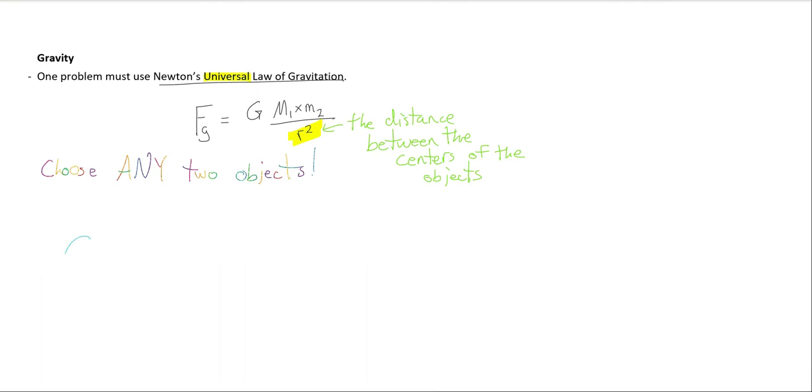So this means if you make a problem about the Earth, perhaps, and that there is a satellite floating above it, a value such as the altitude, how far the satellite is above the surface of the Earth, doesn't give us the full information. R has to include the radius of the Earth.